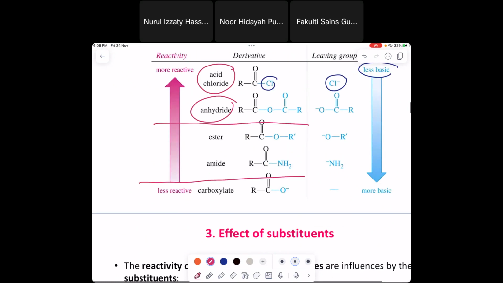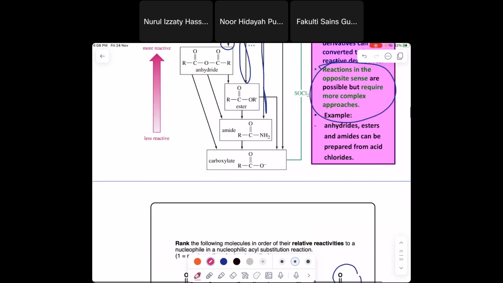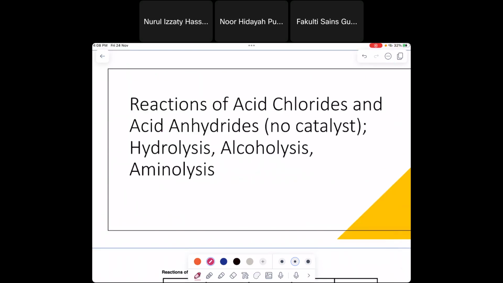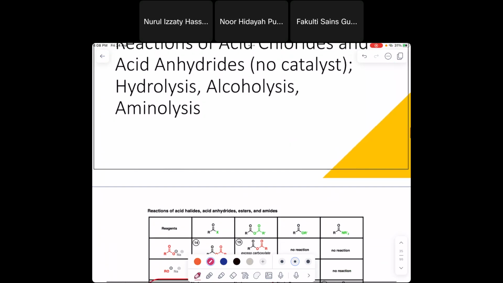Okay, so the second part will involve only the reaction of the most reactive derivative. So no catalyst. This is what written by Dr. Hidayah for me to do is on the hydrolysis, alcoholysis and aminolysis.